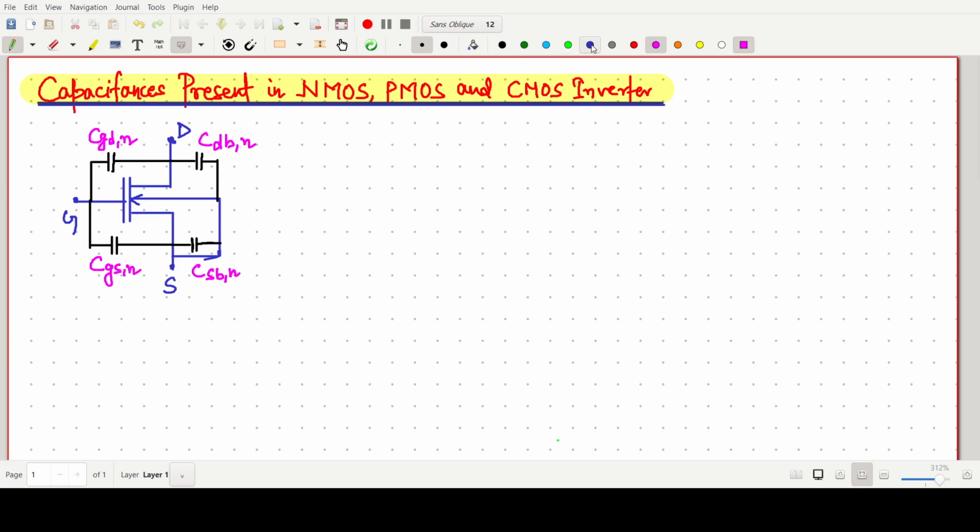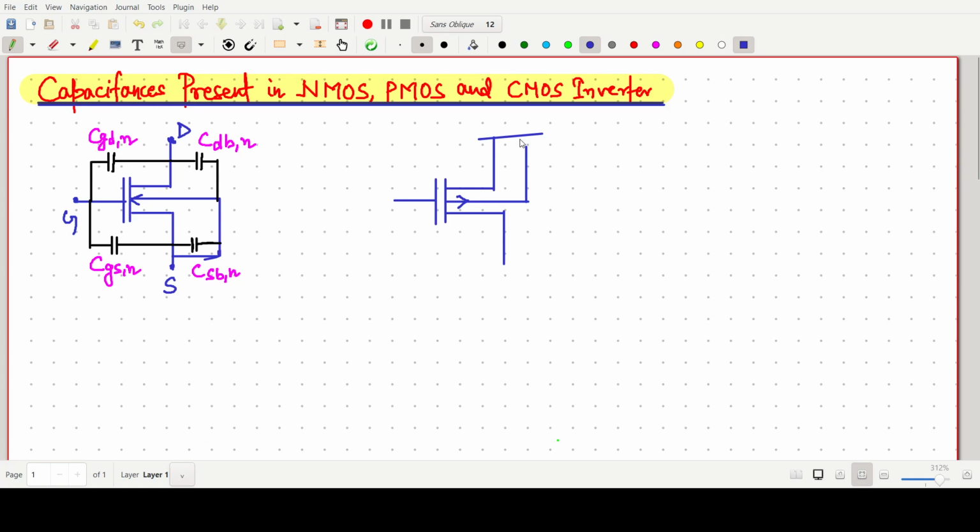Now if we go for the PMOS, once again I am making the PMOS. In PMOS the bulk is connected to the source also, and it is connected to supply. Most of the time this one is connected to supply.